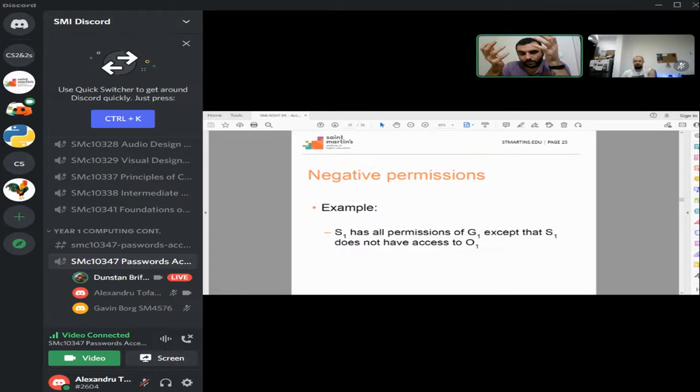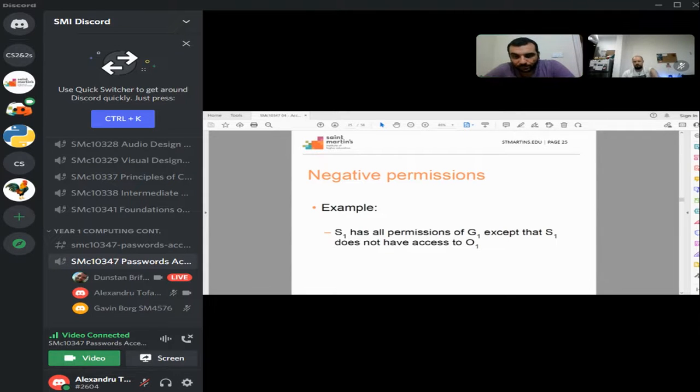It wouldn't be efficient, it wouldn't be good if we create another group just for someone like this, okay? Because if you start picking on the exceptions and you create a lot of groups for these exceptions, you're just going to inflate everything with a lot of groups. And that is not very nice. It is not an efficient way of managing the system. So a feature which has been introduced is this idea of negative permissions.